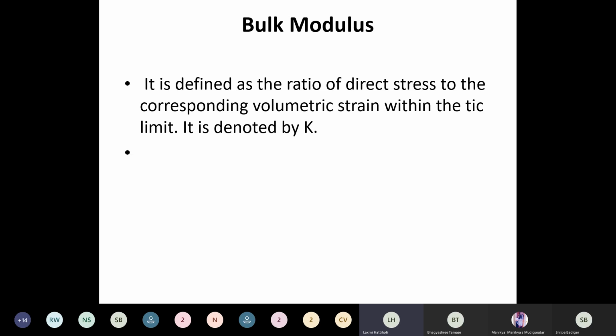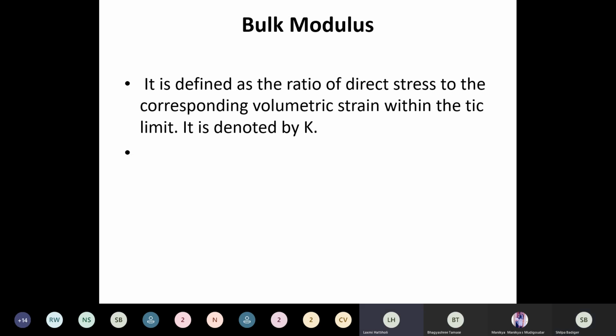Okay, so I was discussing bulk modulus. So it is the ratio of direct stress to the corresponding volumetric strain within elastic limit. So once again, it is denoted as capital K. So now looking at this definition, can anyone once again tell me what's the unit of bulk modulus? Think on the definition and tell me what should be the unit of K. It is the ratio of direct stress divided by volumetric strain.